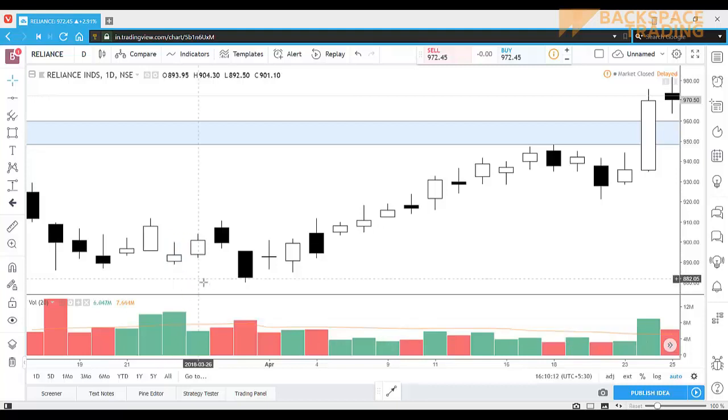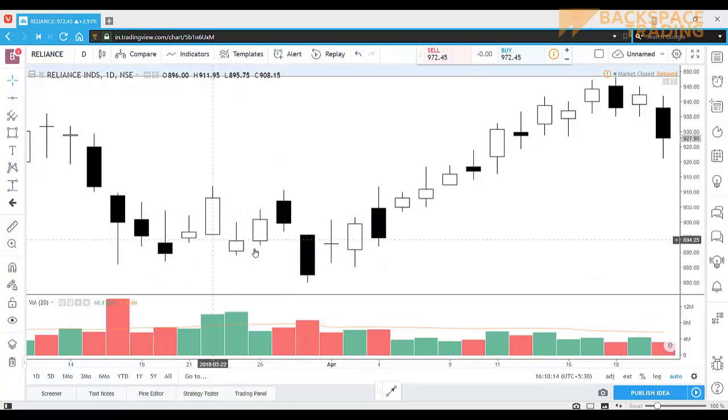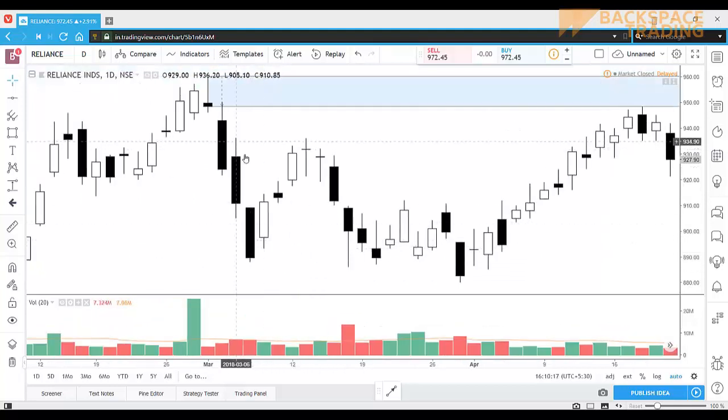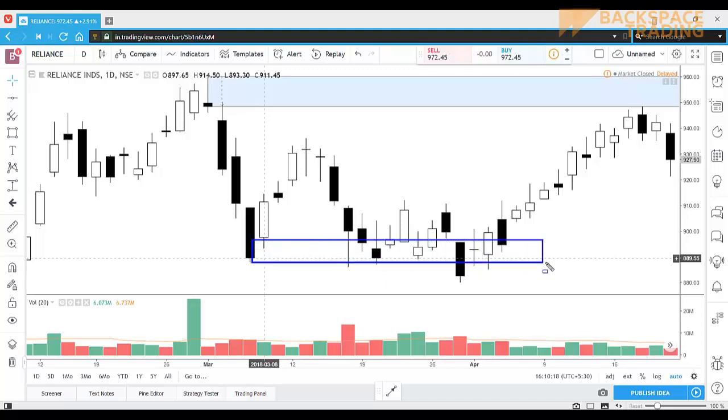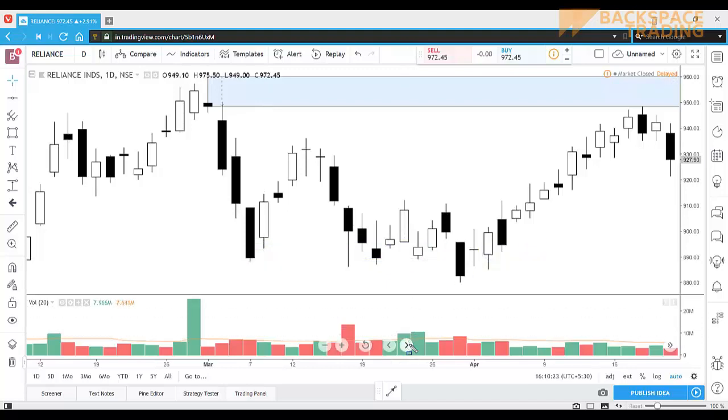What does it imply to us? It was on a support, and these two volume bars have significant growth. Does this mean somebody bought it? Yeah, possibly somebody must have bought it, right?